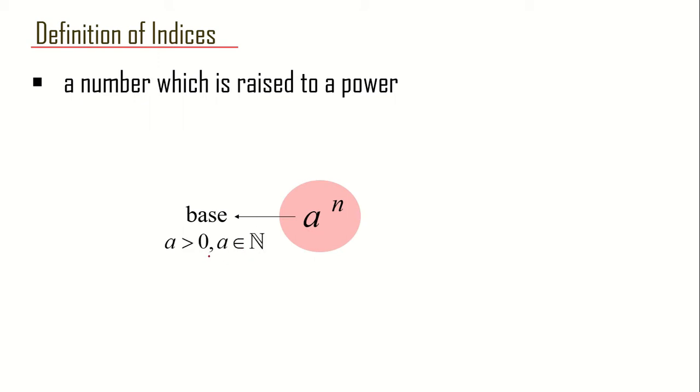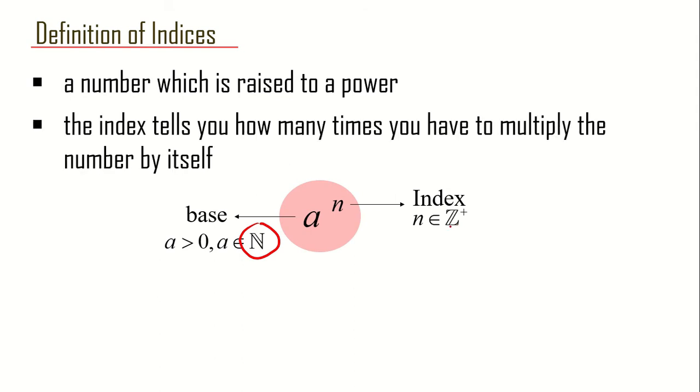And a here must be greater than 0, and a here is an element of natural number. So we have learned about the natural number. And n here is the index. N must be a positive integer.